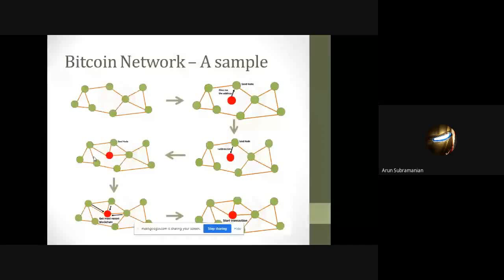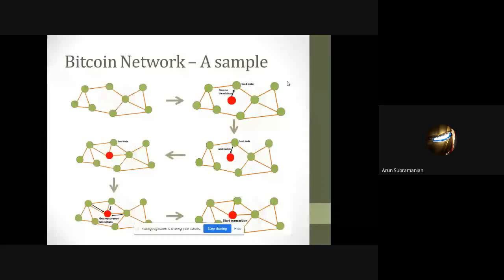Consider the first network here. This is an existing network where a group of nodes form a network together. Let's say I want to register myself or add myself to this network. As a first step, I identify a particular seed node. A seed node may be any node in the Bitcoin network. I ask for the address.